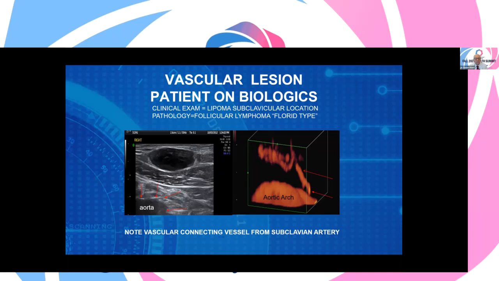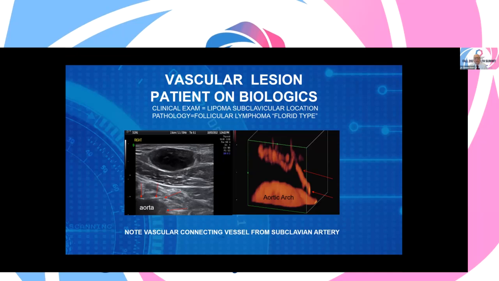But when you look carefully, you see, first of all, the borders are irregular. And then on either side, it's sort of extending and pushing out the boundaries. What we do easily with the blood flow technology is put the blood flow on and say, oh, guess what? It's filled with abnormal vessels.